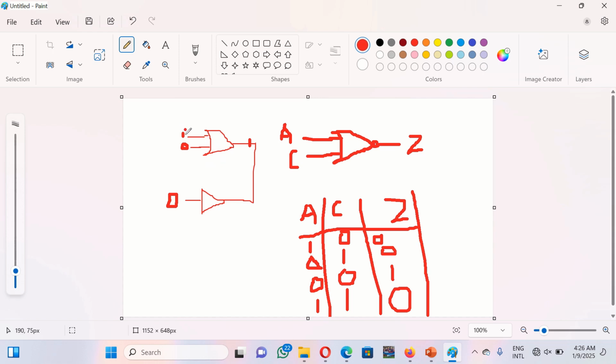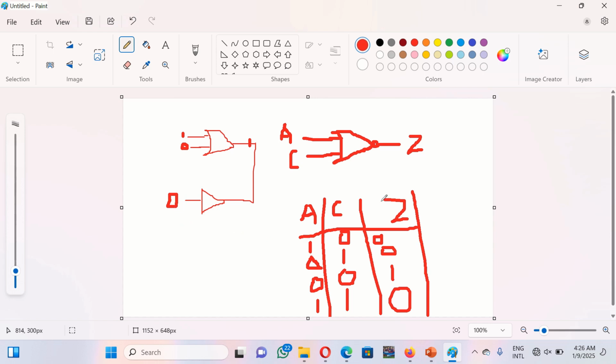So the moment one becomes positive, then the OR gate will give us a positive result. Okay, it will give us a positive result. But this result will serve as the input to this NOT gate, and it will give us the opposite of that.